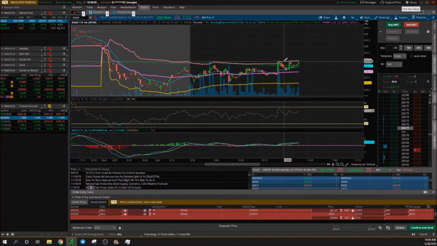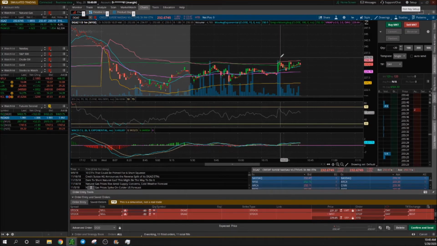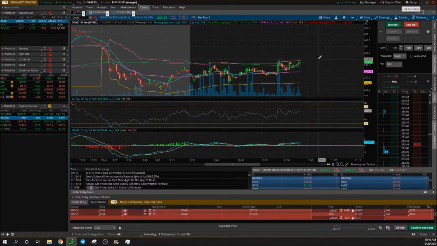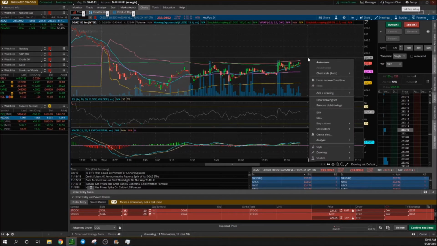If I take $23,500 and divide it by 100, because that's how many shares I'm holding, that equals $235. So I could set my limit order at $235 and it would sell there, and I would have $500 in my account that I made on the day in profit.